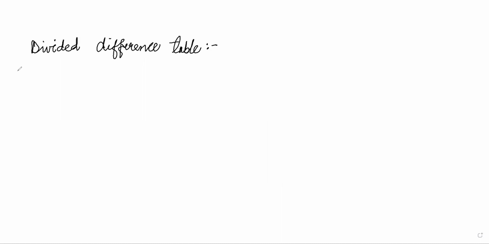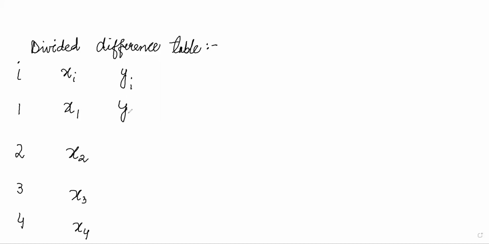Again, let me take the entries I, xi, and yi. So I is equal to 1, 2, 3, and 4. Corresponding to these, I have x1, x2, x3, and x4, and here we have y1, y2, y3, y4.